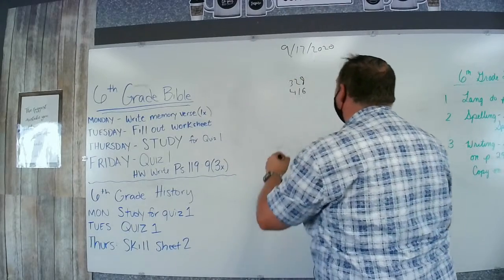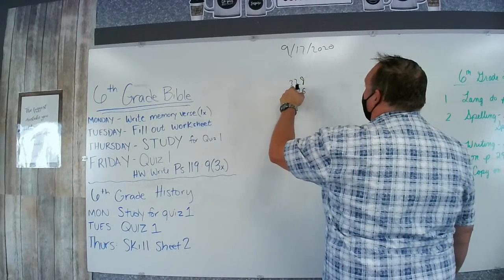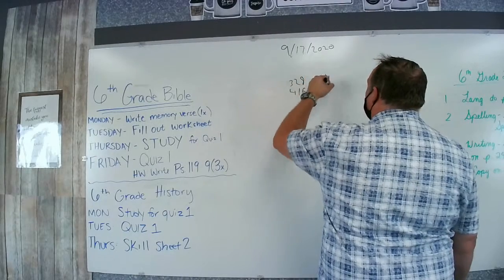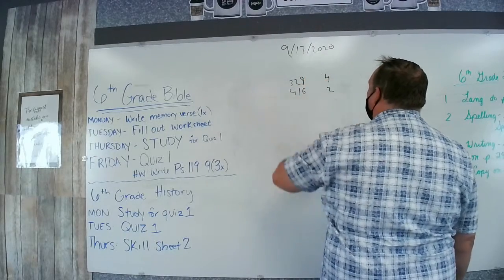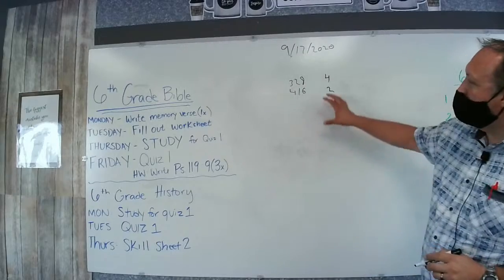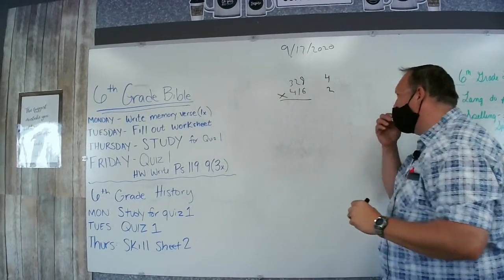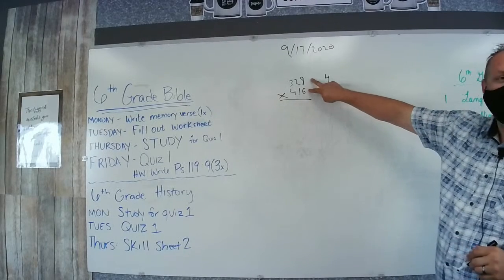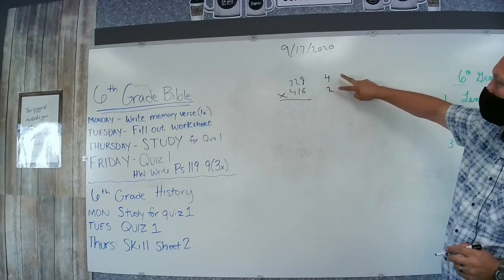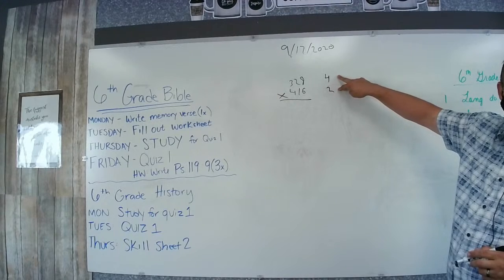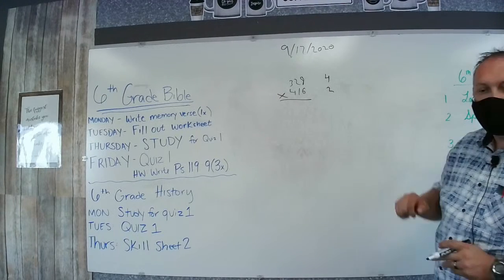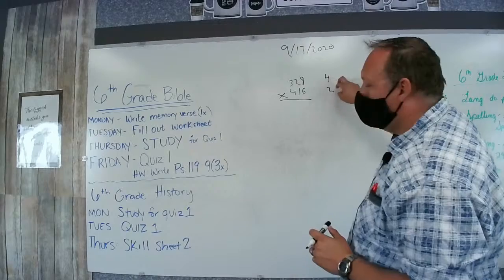The multiplication part is, you have 2 factors right here. You multiply these 2 numbers together. These are the numbers you would multiply together.